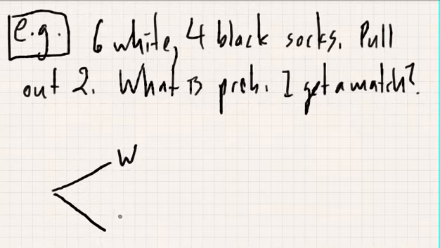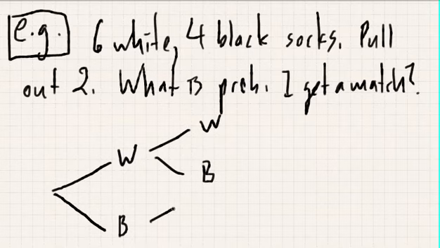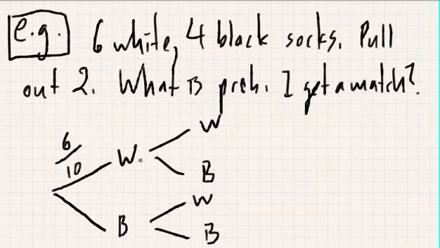My first choice could be a white sock or a black sock, and after I choose that first white sock, I could choose another white sock or a black sock, or if I choose the black sock first, I could choose a white sock or another black sock. Above each of these, I'm going to write the probabilities that each of these things happen. The probability that I choose a white sock is 6 out of 10, whereas my probability of choosing a black sock is 4 out of 10.